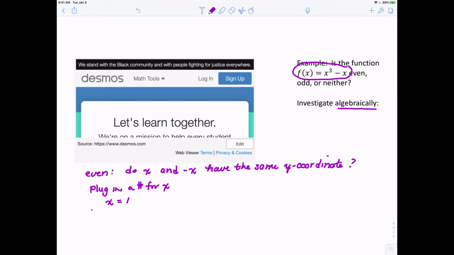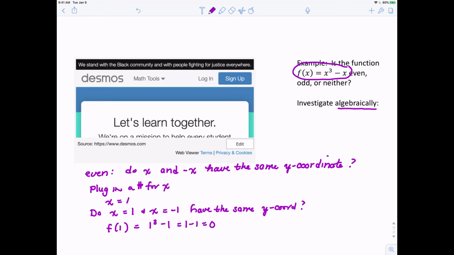And so the question I have to ask myself is, do x equals 1 and x equals negative 1 have the same y coordinate? Well, let's find out. F of 1 would be equal to 1 cubed minus 1, or in other words, 1 minus 1, or 0.